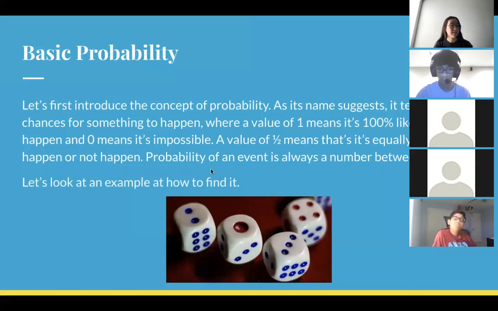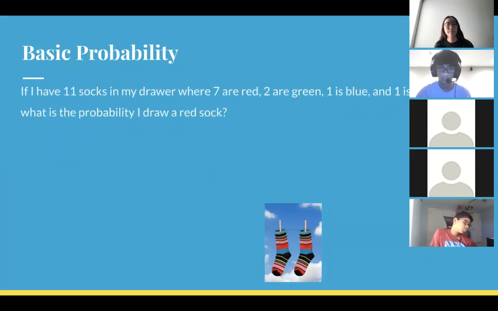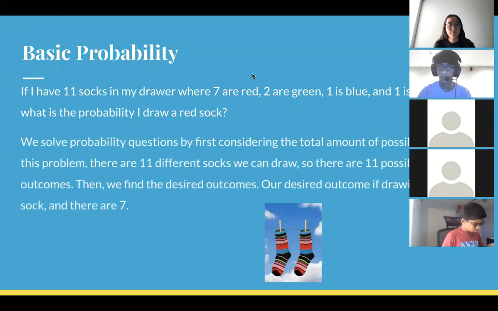Let's look at an example of how to find probability. So if I have 11 socks in my drawer, where 7 are red, 2 are green, 1 is blue, and 1 is yellow, what is the probability I draw a red sock? The answer here is going to be 7/11ths, or 7 over 11.